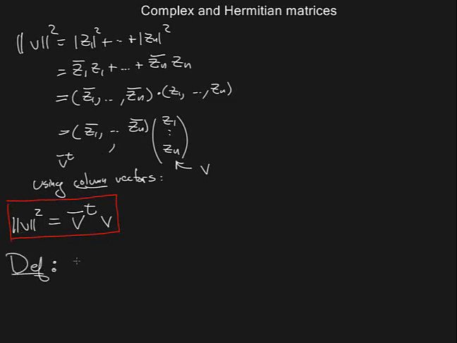Okay, so that motivates the following definition. If v is a complex vector, define v upper H to be the conjugate transpose. That is to say, (z1 through zn) upper H is z1 bar through zn bar, written as a row vector. Okay, so with this convention, the length squared is given by v^H times v.